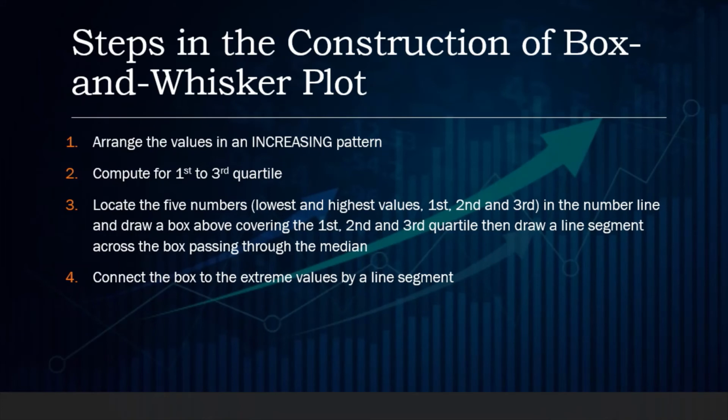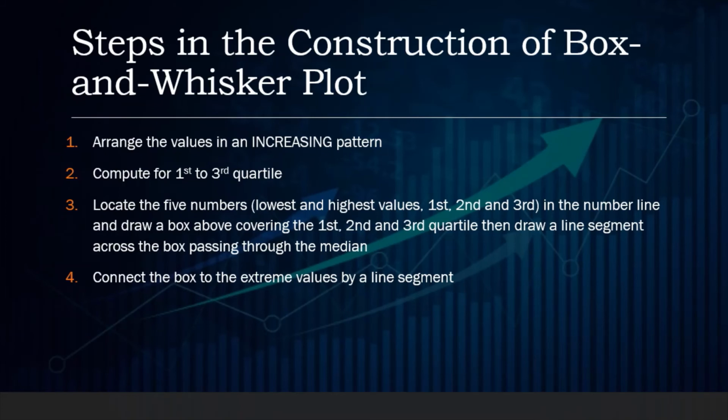Steps in the construction of a box and whisker plot. Number 1. Arrange the values in an increasing pattern. Second, compute for the first, second, and third quartile.